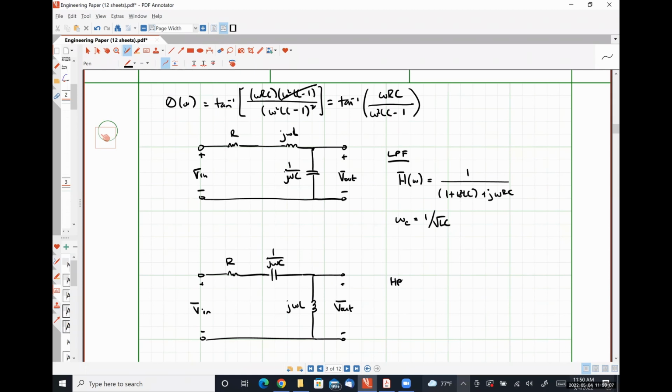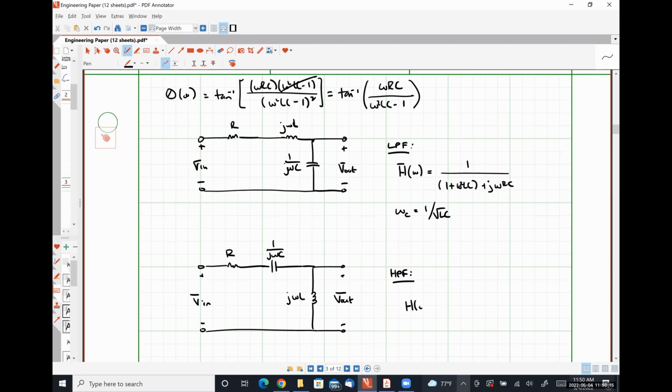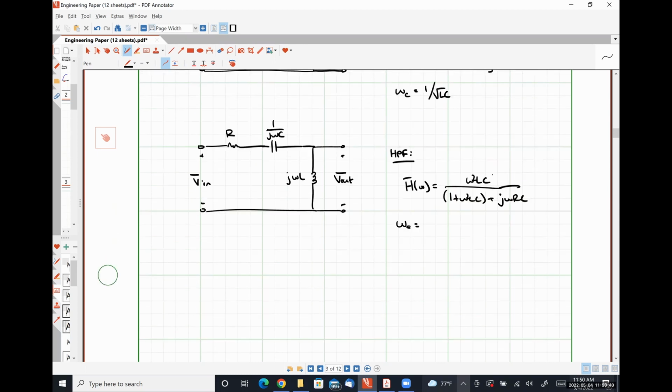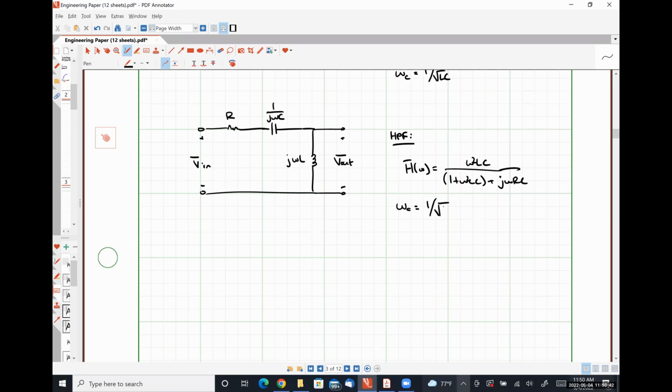We have a high-pass filter with a transfer function of H of omega is equal to omega squared LC over 1 plus omega squared LC plus j omega RC. And again, we have a cutoff frequency omega c of 1 over root LC.